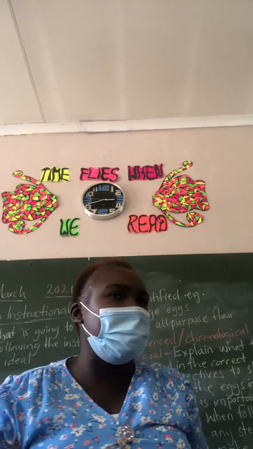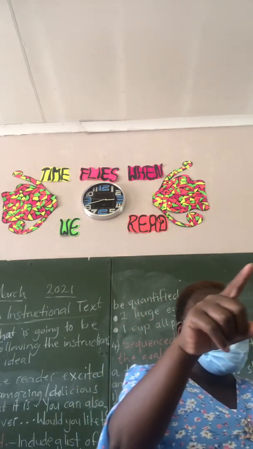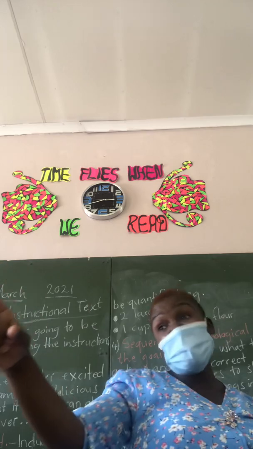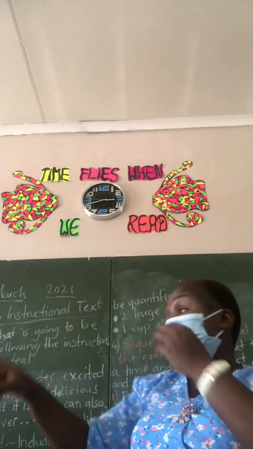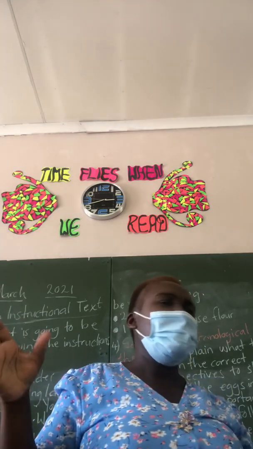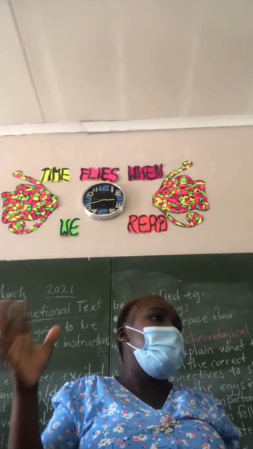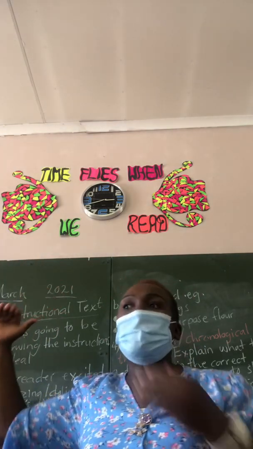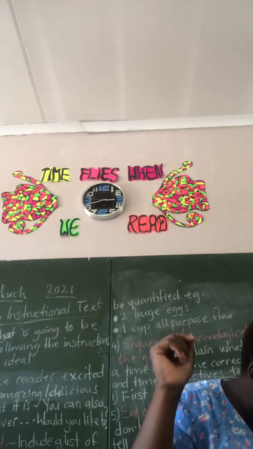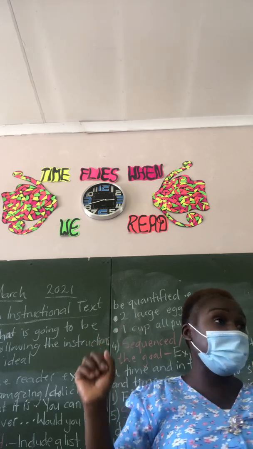Would you say how to make, Minal? You would say you will need, or what else can you say? Ingredients. So I'm saying that depends on what it is that you're writing about. Obviously, if you're writing on how to assemble a bicycle, right? You would say equipment. You can't say ingredients, can you? No. You can't. Do you see that?